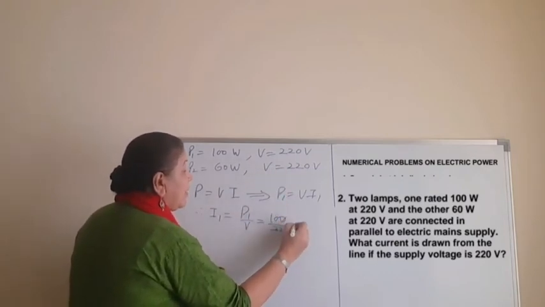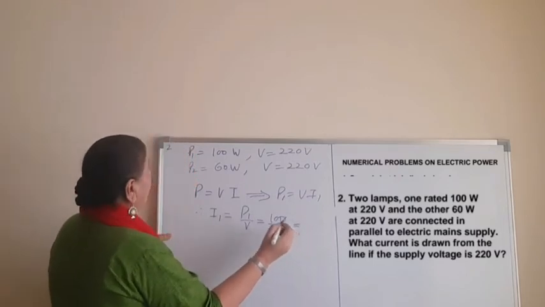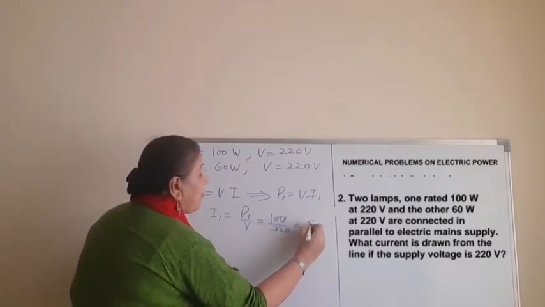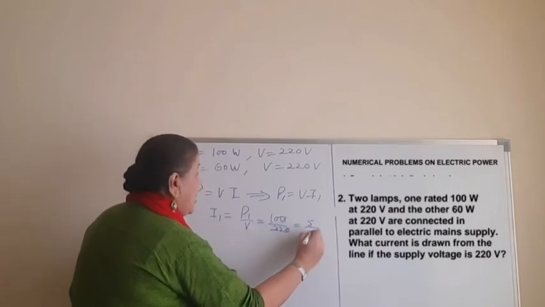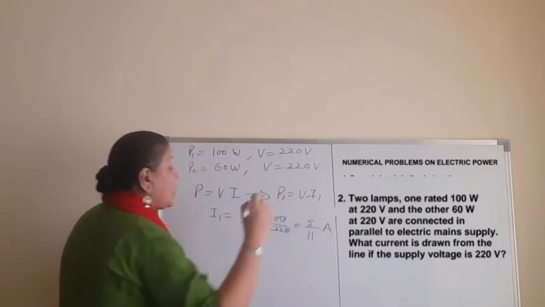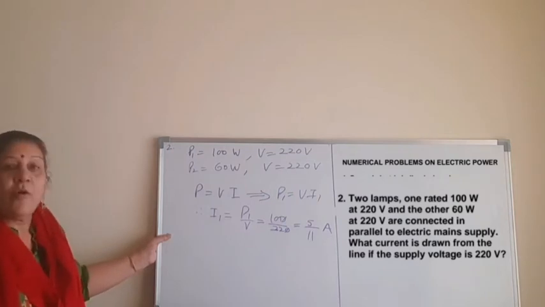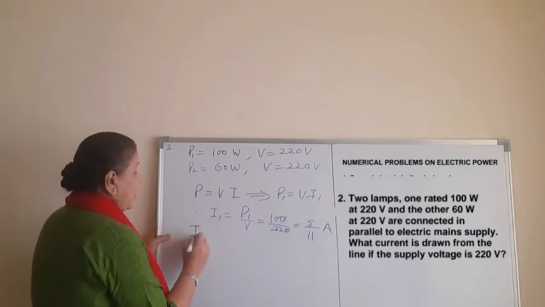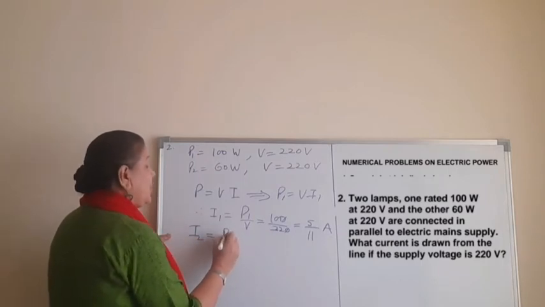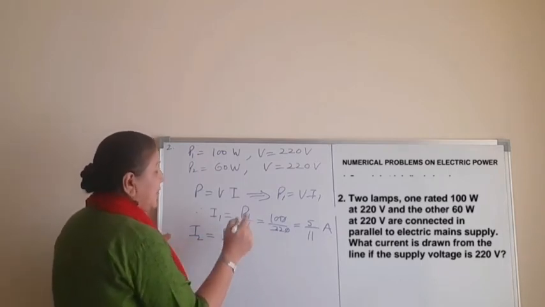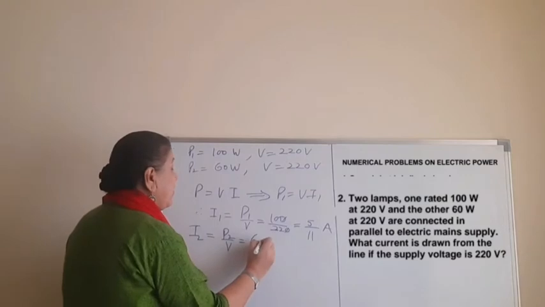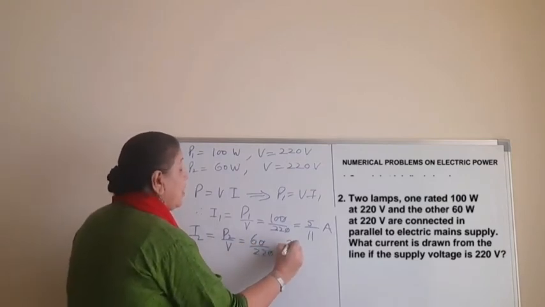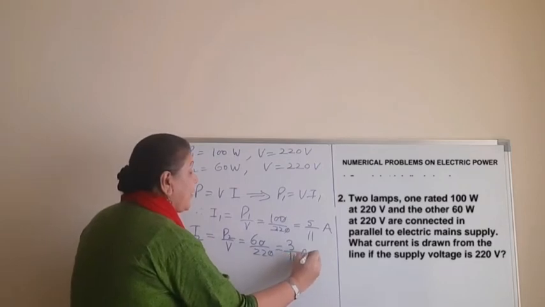So it will be 5 by 11 ampere. So I1 we found to be 5 by 11 ampere. Similarly, I2 will be equal to P2 by V. P2 is 60, V is 220, that is equal to 3 by 11 amperes.